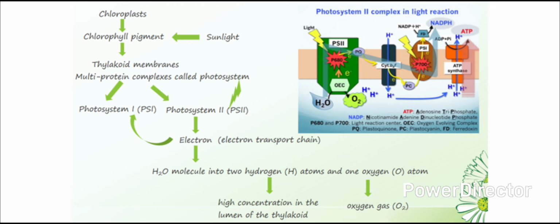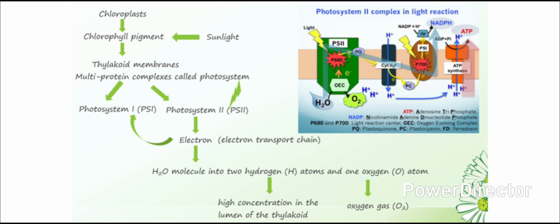The series of light dependent reactions begins when sunlight hits a molecule of chlorophyll located in photosystem 2. This excites an electron. These energized electrons leave the chlorophyll molecule and travel along the thylakoid membrane via a series of carrier proteins known as electron transport chain.